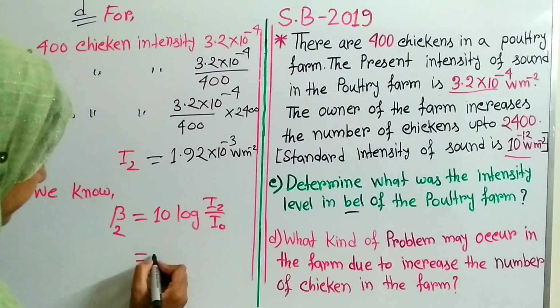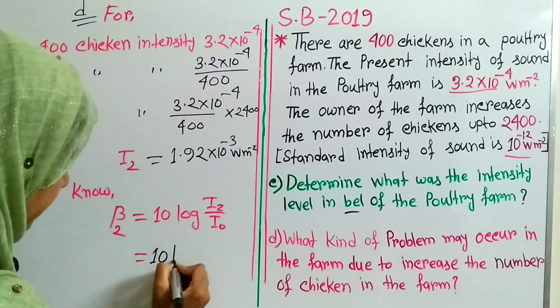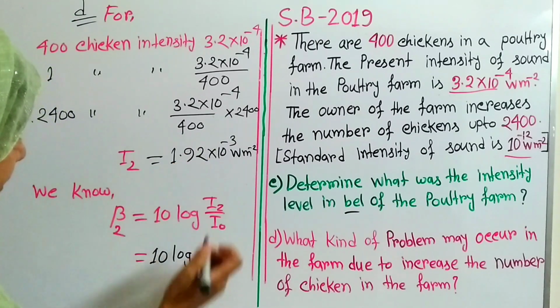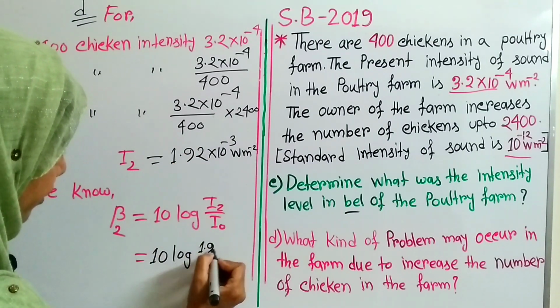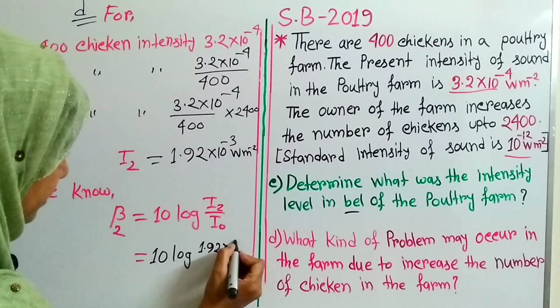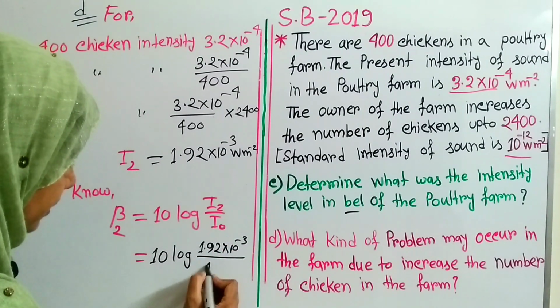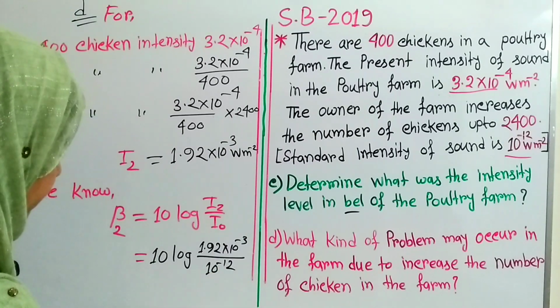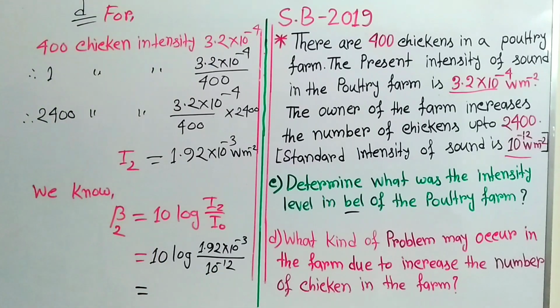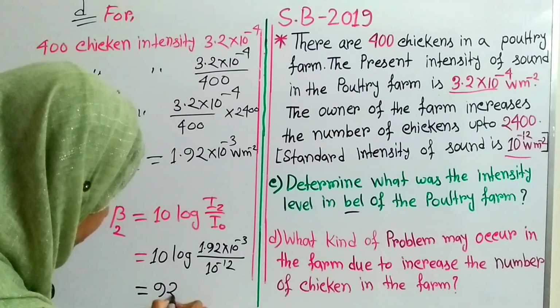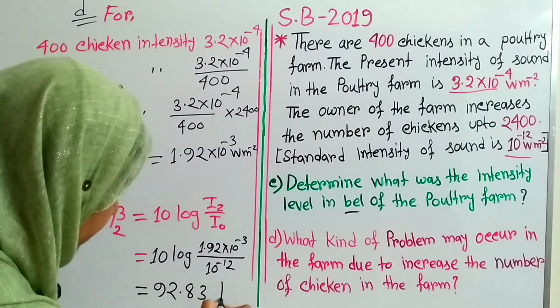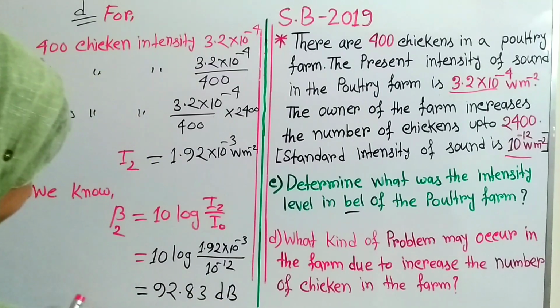So 10 log I2 means 1.92 into 10 inverse 3 divided by I naught. The value of I naught is 10 inverse 12. After calculating it, you will get the value of beta 2 is 92.83 decibel.